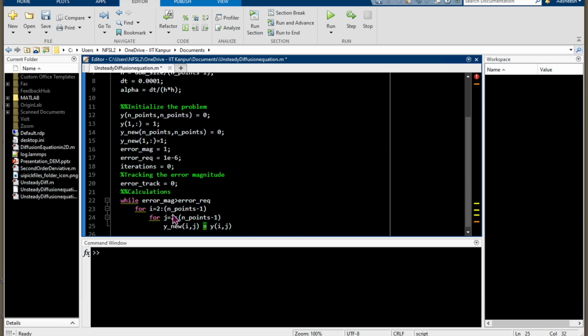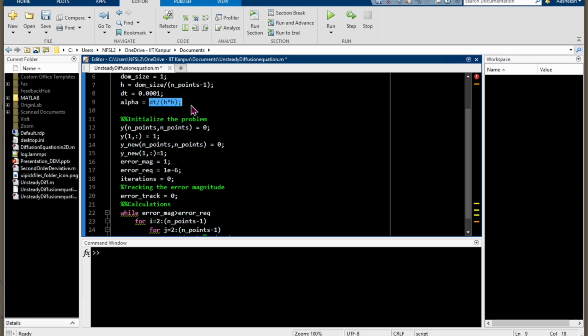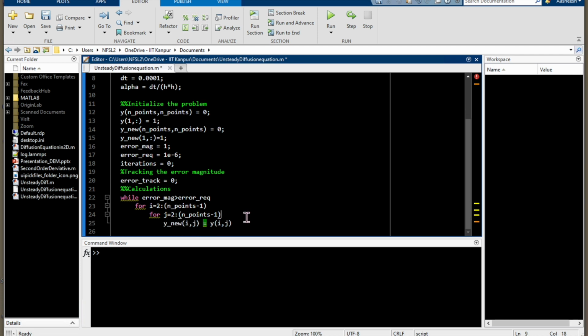Alpha contains delta t over h square. So alpha I have already written as delta t over h square. Let's write it here. And we will multiply that alpha with all the values now.